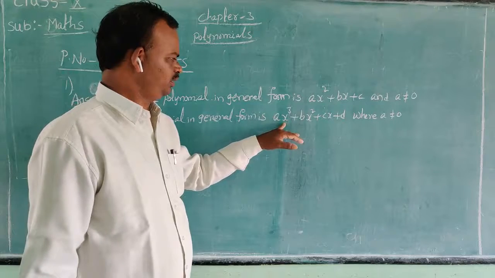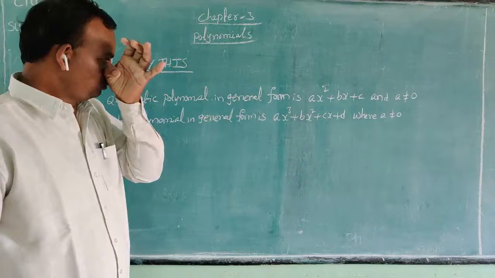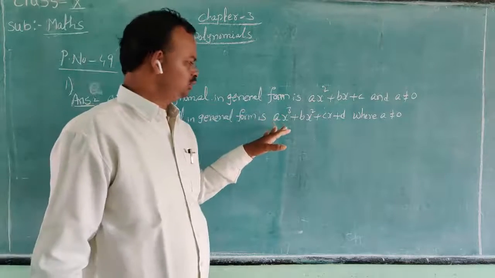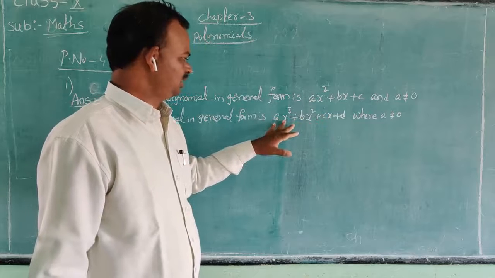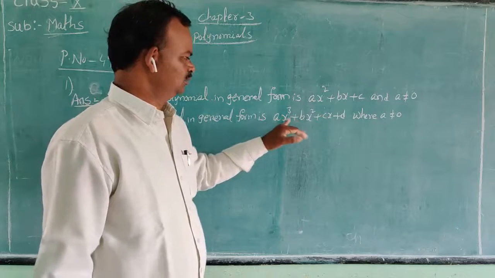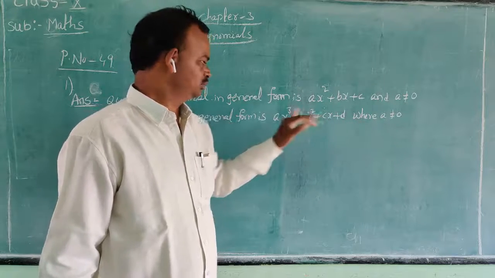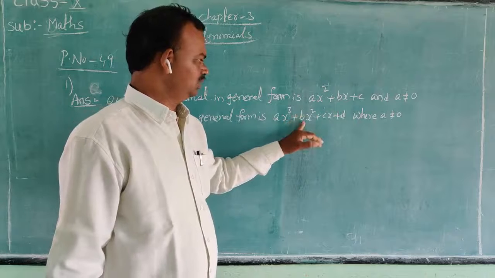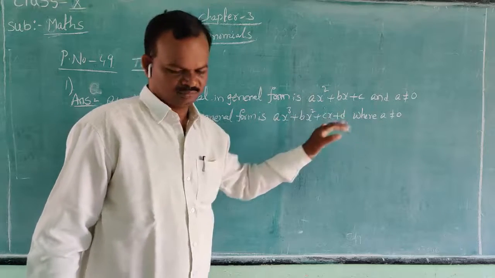That means the highest power is 3. It is a cubic polynomial. In general form, we are taking coefficients a, b, c, d, and the variable is x. That means here the terms are x cube term, x square term, x term, and constant term.